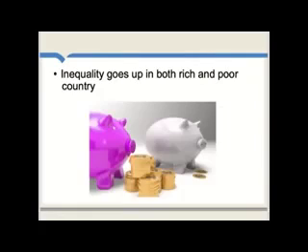Managers will do quite well, owners of capital and owners of intellectual property will do quite well, and in general it may be the case that inequality goes up in both the rich and the poor country, which is in fact what we observe, yet at the same time global inequality is going down because people in poorer countries are now earning more relative to what people in the wealthier countries at the unskilled level had been earning.